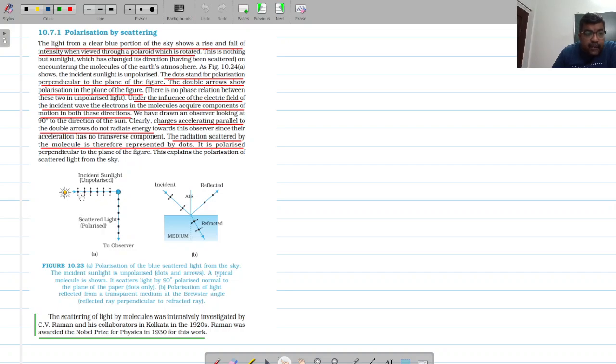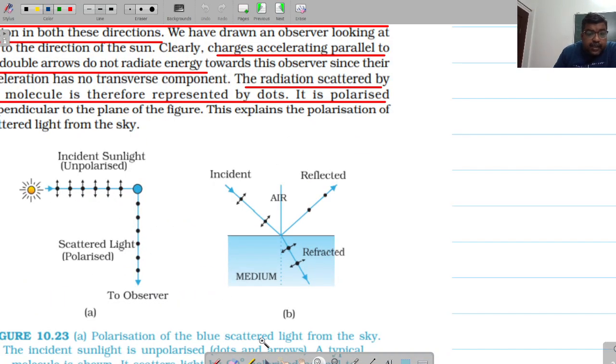In the diagram, as you can see, there are dots and there are arrows. Dots mean the vibrations are perpendicular to the plane of the paper, and arrows mean the vibrations are in the plane of the paper. So this is unpolarized light, with vibrations taking place in multiple planes. Then it is scattered, and in the scattered light, as you can see, only the dots are there.